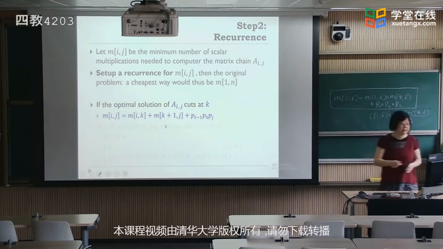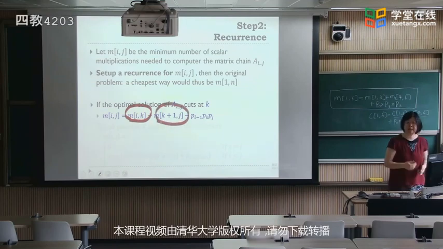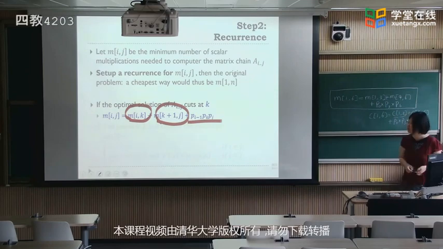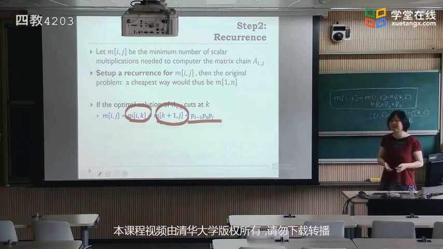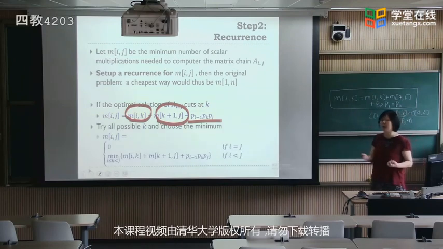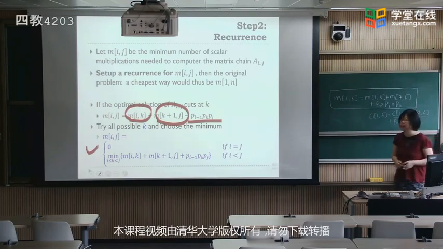Mij equals Mik, that's the first subchain, plus M k plus 1 j, that's the second subchain, plus the cost of the final multiplication. Okay. However, we actually do not know where the optimal cut is, right? So you have to try all possible values for k. And then we have this complete recurrence of Mij.